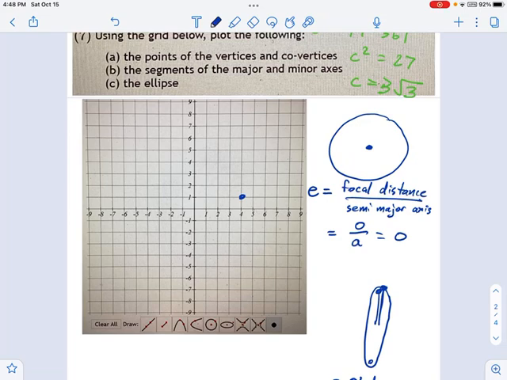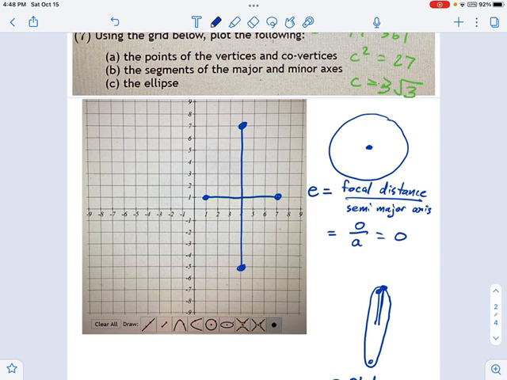So it's an axis that looks like this. 4, 7 up there, and 4, -5 over here. I don't need the center anymore. And my minor axis goes from 1, 1 to 7, 1. Okay, and I'll just stick some dots there so we can see our co-vertices sideways and our vertices vertically.